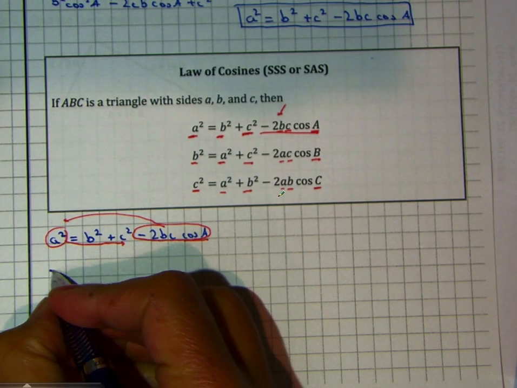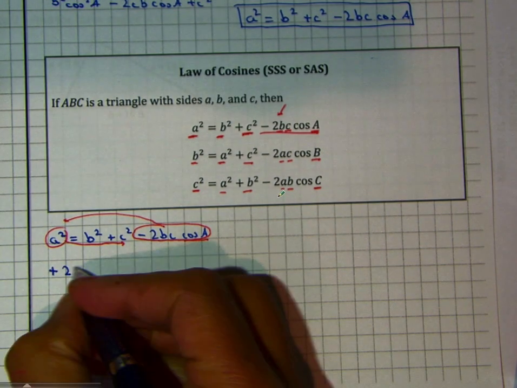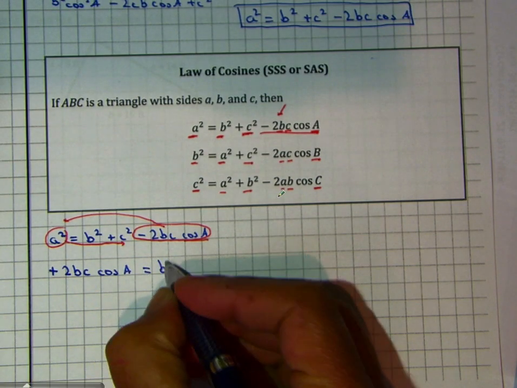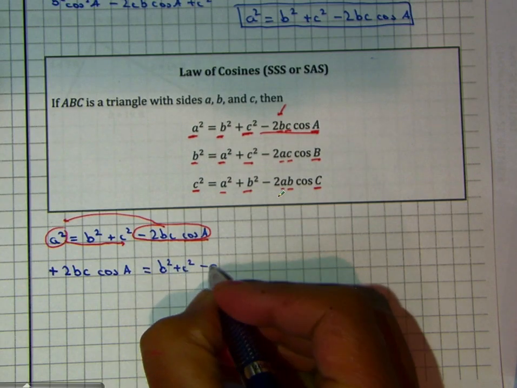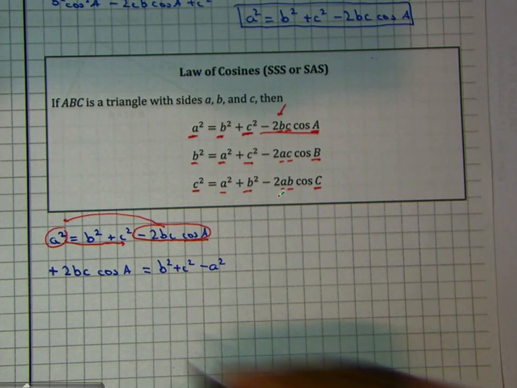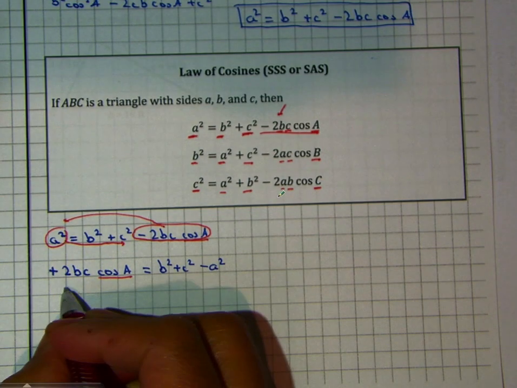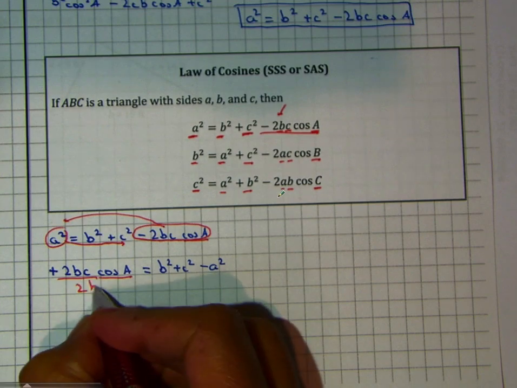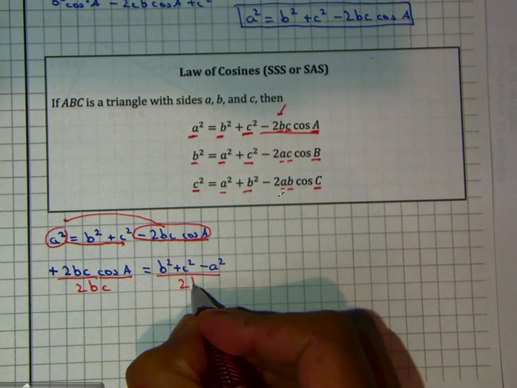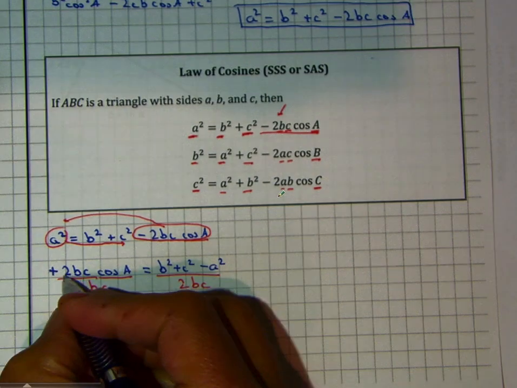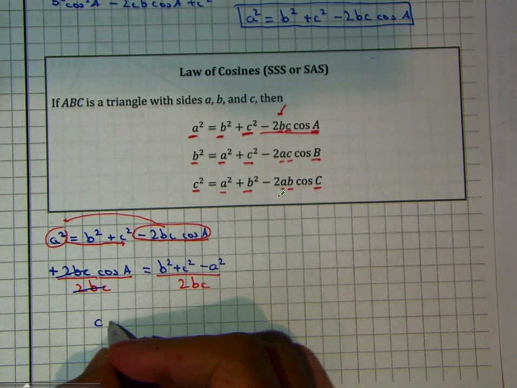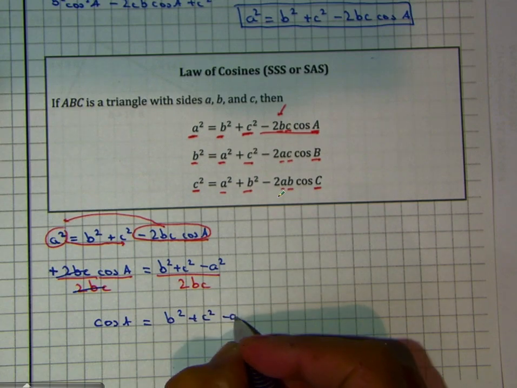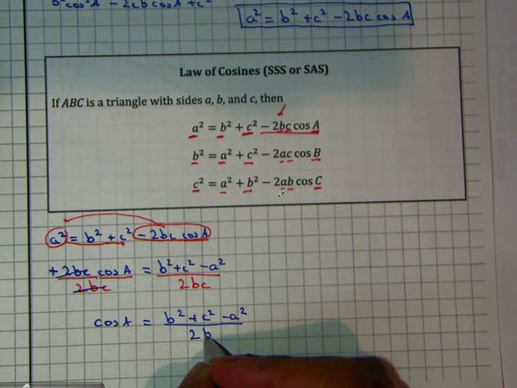So therefore I have negative 2 positive now, 2bc cosine of A equals b squared plus c squared minus a squared. And I'm trying to leave that cosine of A by itself, so therefore I'm going to divide by 2bc. That cancels, so therefore I end up with the cosine of A is equal to b squared plus c squared minus a squared over 2bc.